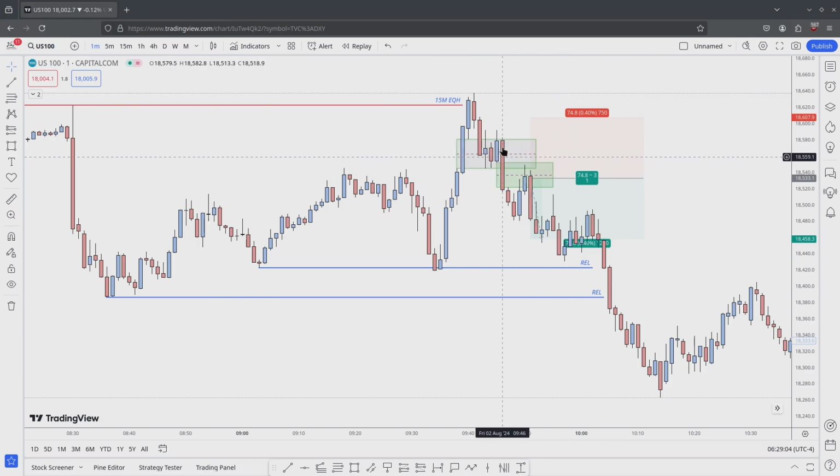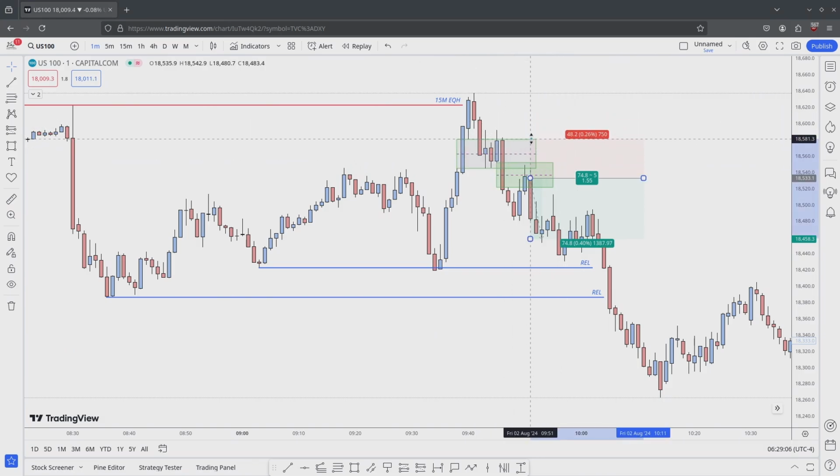And for the stop, above the inversion. Why above the inversion? Because you would have a fair value gap, inversion, as well as the order block sitting here. So three PD arrays. That's how I like to manage my position. You might take your stop at a different level.